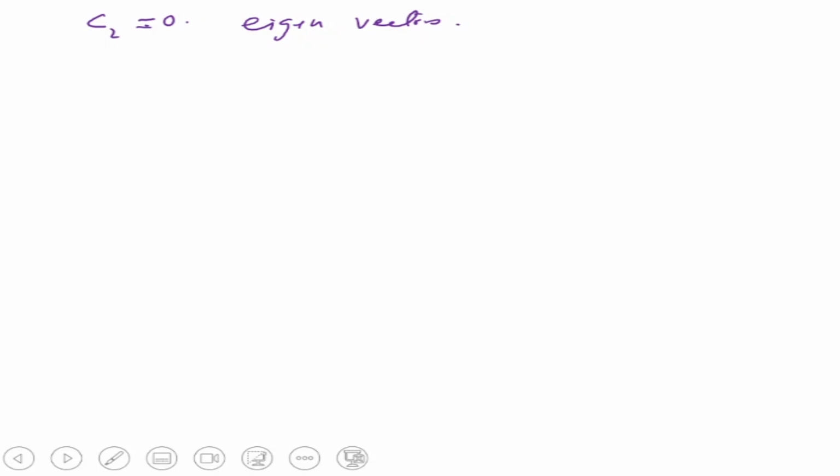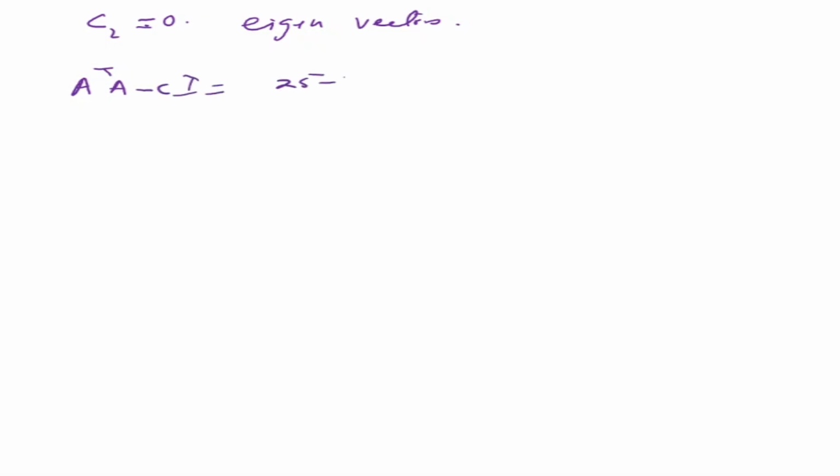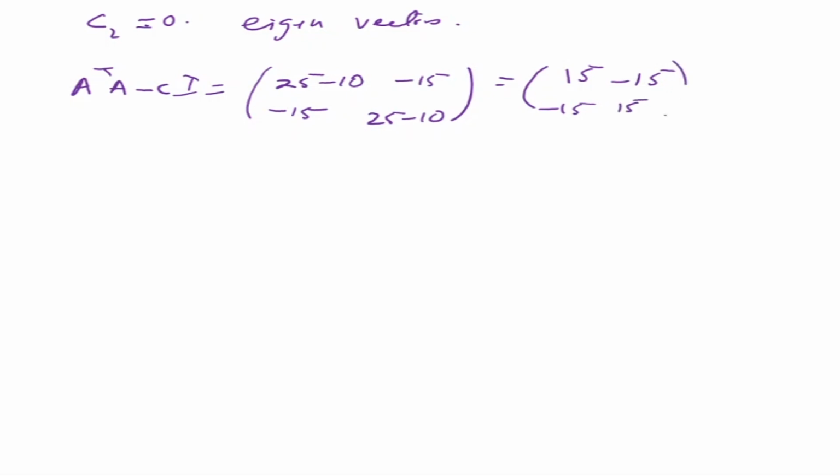A transpose A minus C times I is equal to 25 minus 10, minus 15, minus 15, and 25 minus 10, which is 15, minus 15, minus 15, 15. Solving this set of equations, we get x2 is equal to x1.